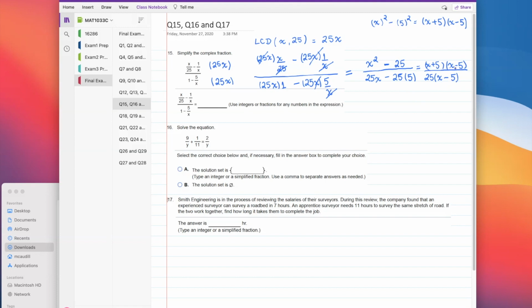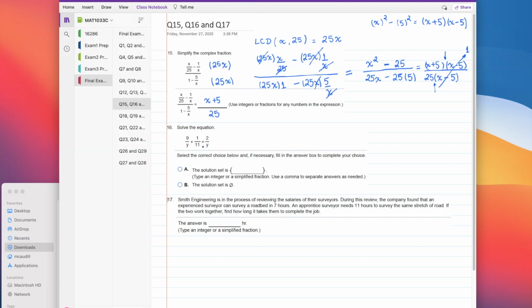I have a factor here, another one here. They are multiplying each other. I have a number here that's multiplying this term here. And then I see that those two terms cancel each other and it becomes 1. Now, my final answer is x plus 5 on the numerator and 25 on the denominator. There is no more to be reduced.